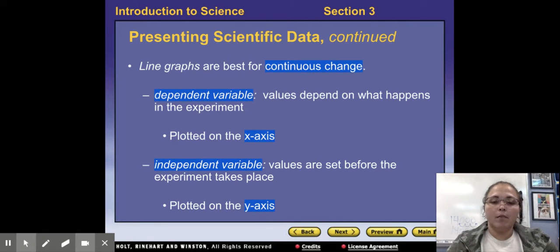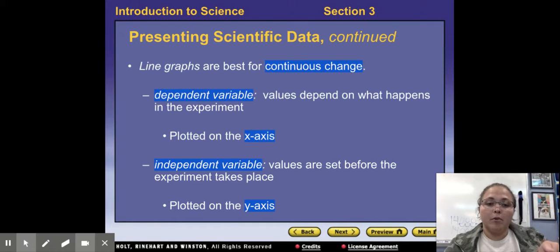Independent variables are set before the experiment takes place. So the independent variable is like what you're measuring. So with the plant, if I was going to measure the height that it grows throughout a month, I might set my independent variable that I'm going to measure it every day. And so that value is set before I actually start the experiment.